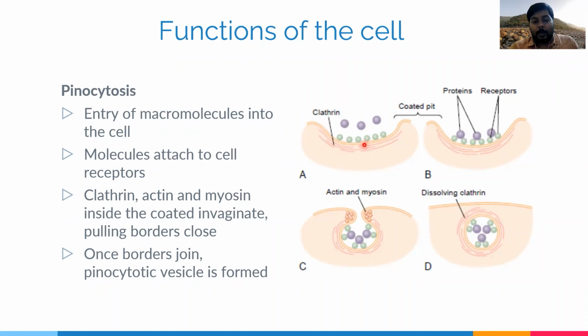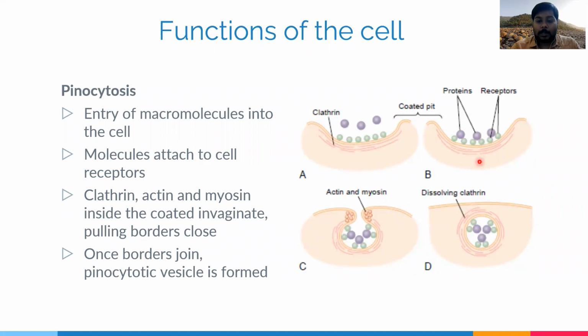The macromolecule which wants to enter into the cell first has to be directed towards the clathrin coated pit. This pit contains various receptors for these molecules. Once the molecules attach to the various receptor proteins, the coated pit is activated, after which clathrin, actin, and myosin cause invagination of the pit.